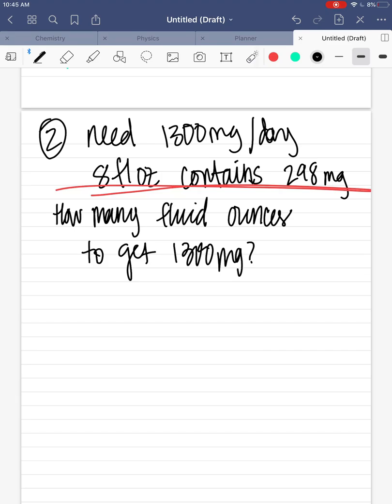You could do it step by step, or in one go with multiple conversion factors. I'm going to do it the way that makes the most logical sense to me. It may not be dimensional analysis, but it's the best way that makes sense. If I need 1,300 milligrams per day and 8 fluid ounces contains 298 milligrams, then I need to figure out how many times 298 goes into 1,300.